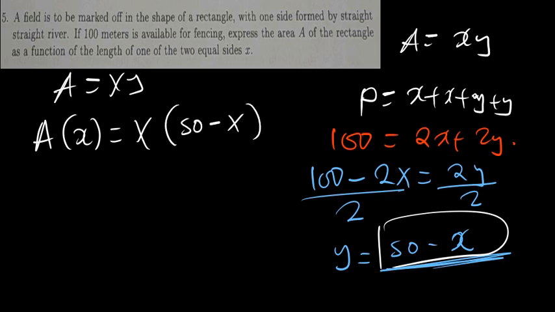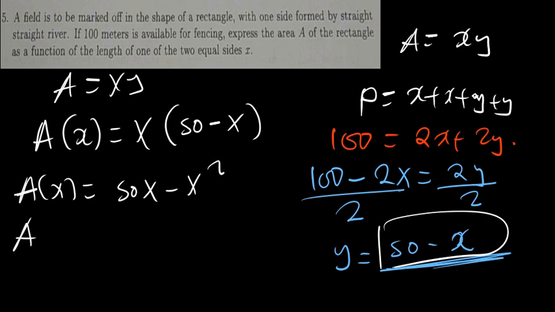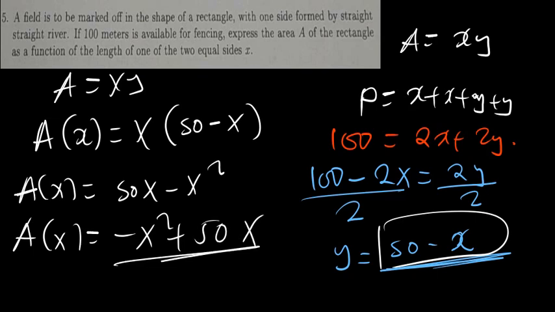So A as a function of x will be equal to 50x minus x squared. You can rewrite this and say it's the same as negative x squared plus 50x. That's the answer.